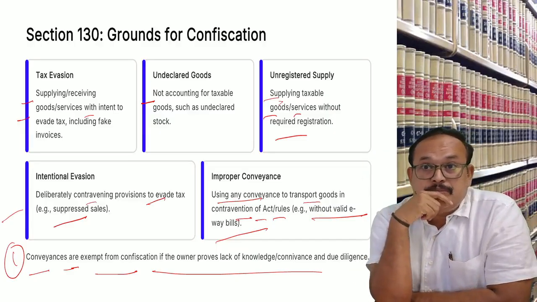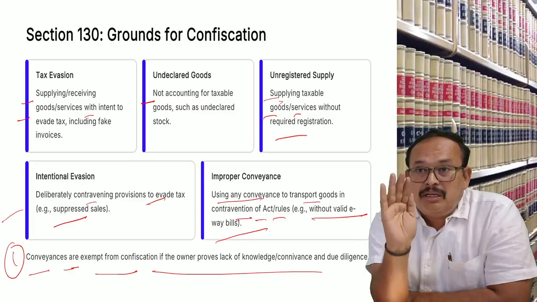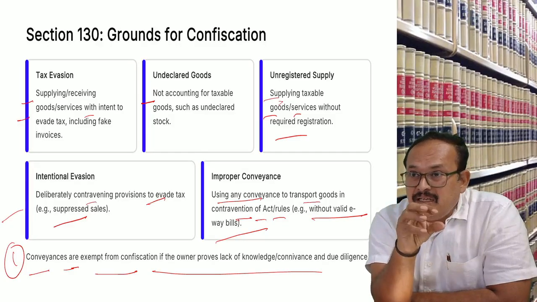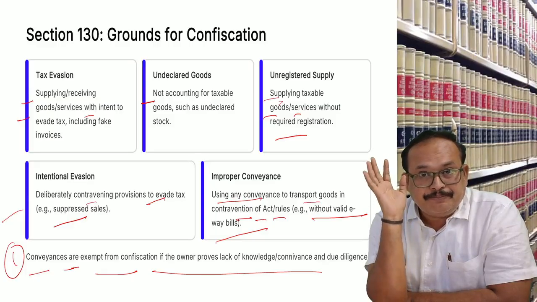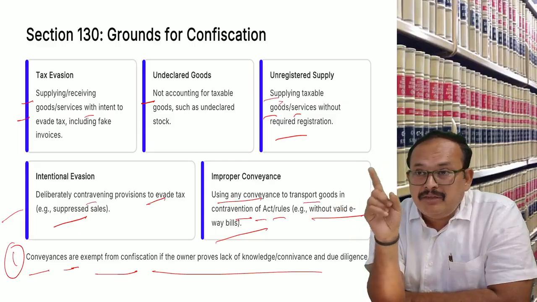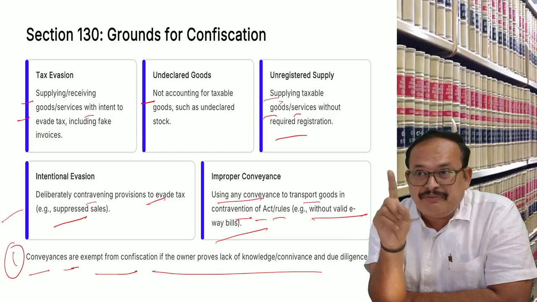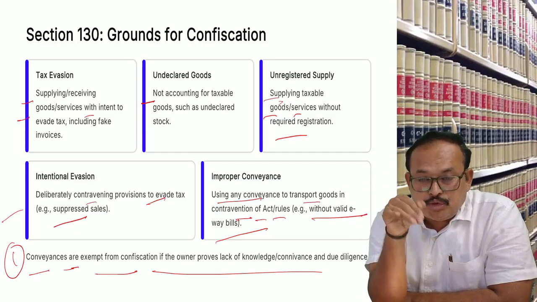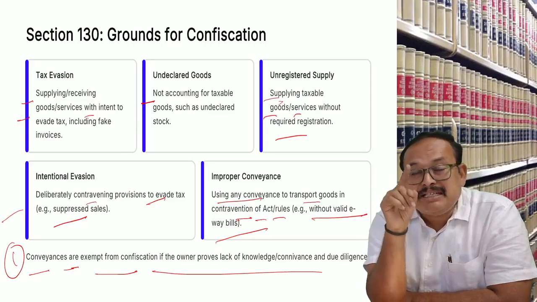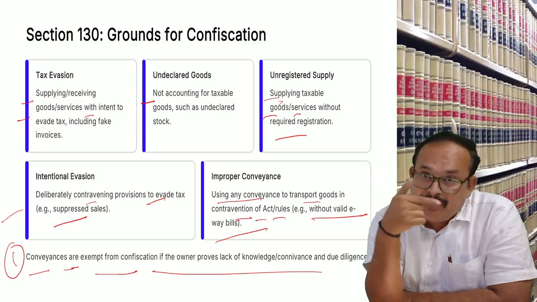If the vehicle owner says, sir, 5 days before, my goods carriage vehicle was stolen by somebody. On the same day, 5 days before, I lodged the complaint and obtained the first information report, FIR. Today, you are telling me my vehicle at such and such place is confiscated by the department. That vehicle was already stolen by somebody.